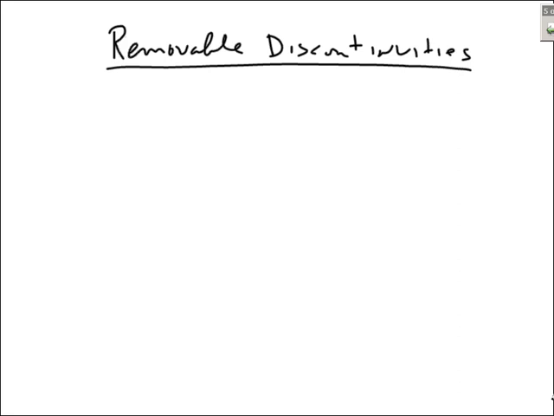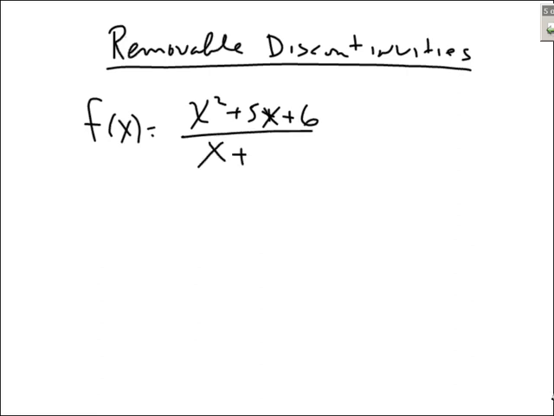Suppose you have a function that's undefined because it makes the bottom 0, but it also makes the top 0. Suppose you have f of x equal to x squared plus 5x plus 6 on top, and you have x plus 3 in the bottom.